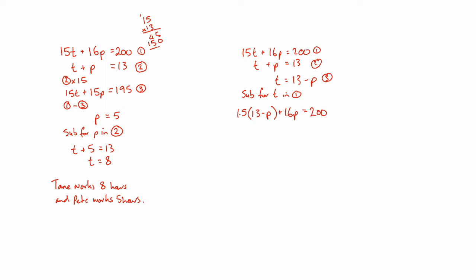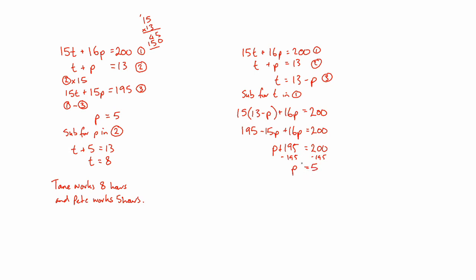We already know that 15 times 13 is 195. 15 times negative p is negative 15p, plus 16p equals 200. Let's group our like terms here. So we have p plus 195 equals 200.